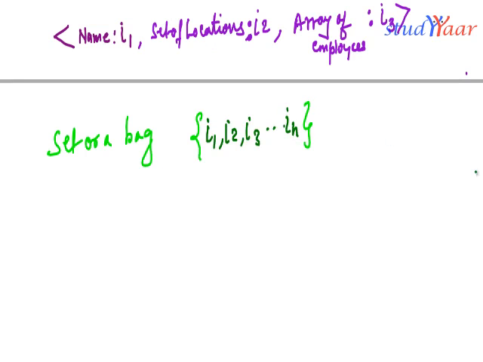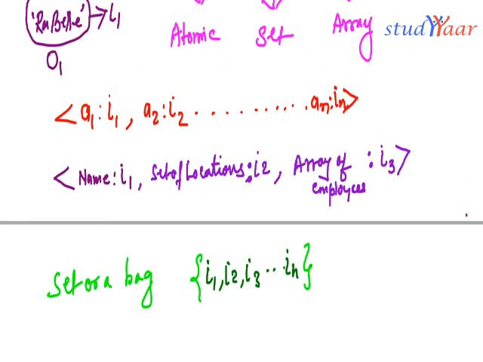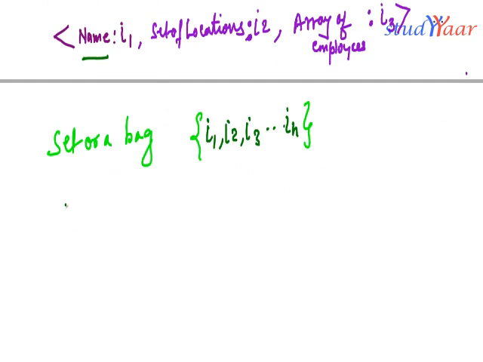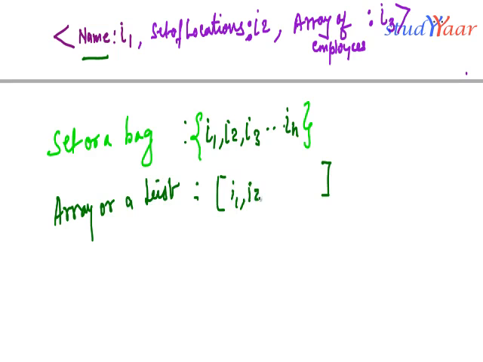Just realize that a tuple has elements with different types, therefore we also represent the name of the element, while a set or bag has only elements of the same type, hence we represent only their OIDs. Similarly, for an array or a list, the representation is square brackets along with the object IDs. That's how we do it for an array or a list.